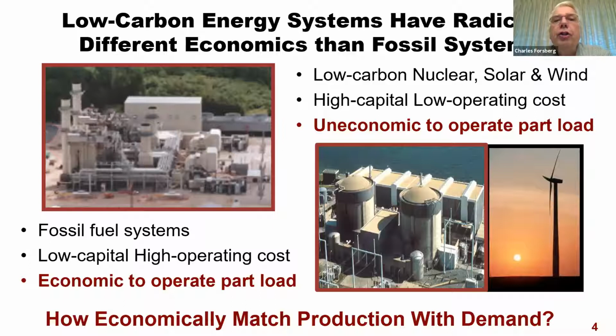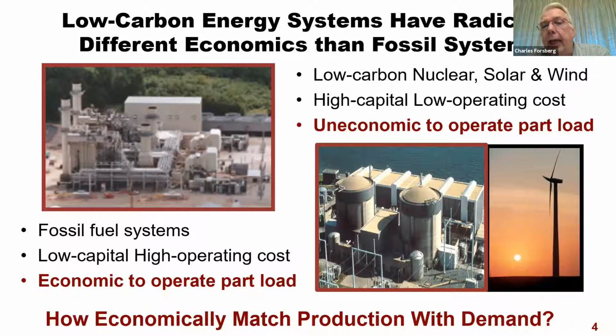The first challenge is the low carbon world has very different economics than today's fossil systems. If we look at the left at a fossil system, we see a combined cycle natural gas plant. It has low capital cost, high operating cost. Those characteristics enable economic operation at part load.